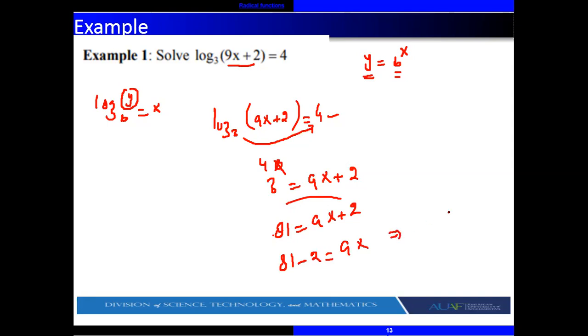Okay, 81 minus 2 is equal to 79, and 79 equal to 9x. So if you divide both sides by 9, x is equal to 79 divided by 9, equal to 8.7. So x value is 8.7.